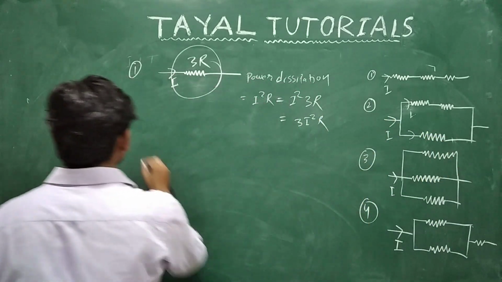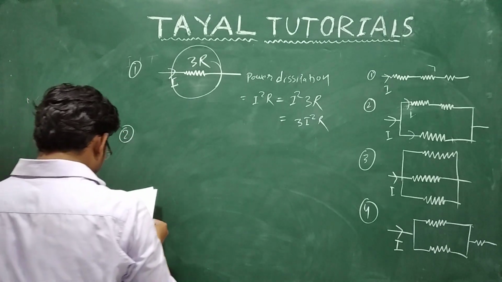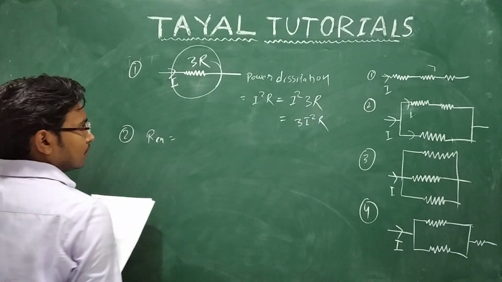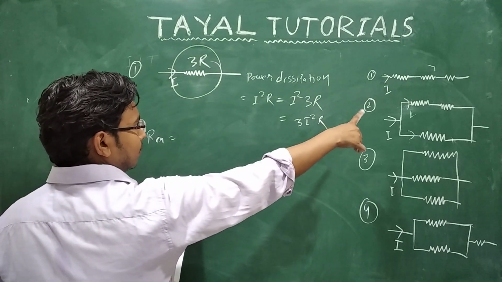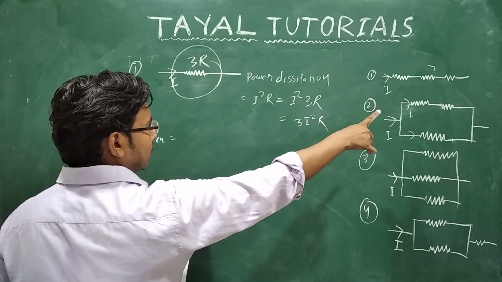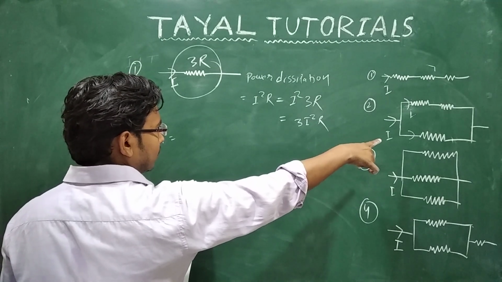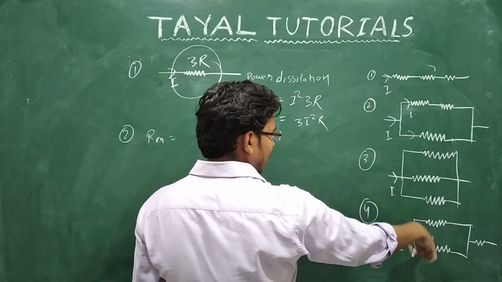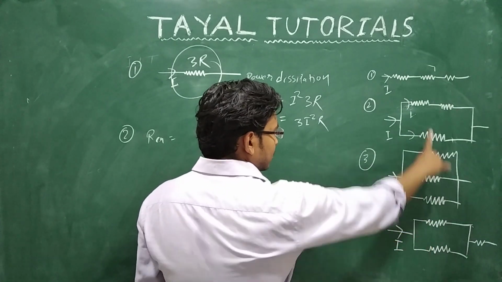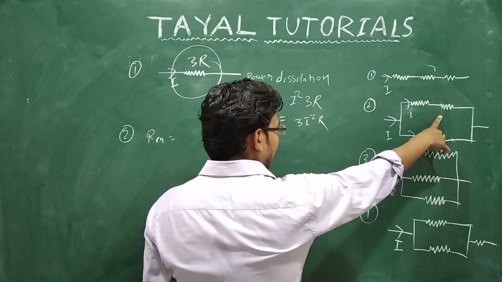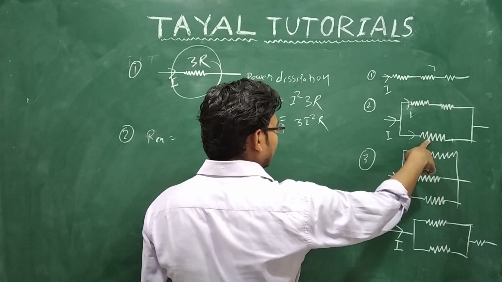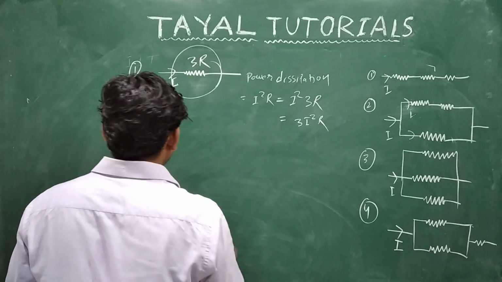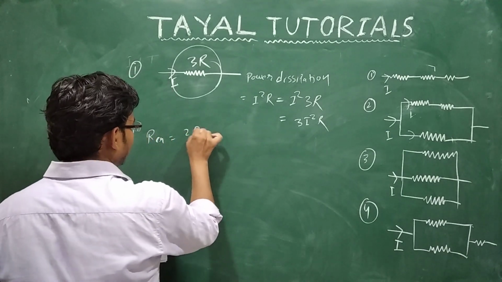In the second diagram, the R equivalent will be R plus R, which is 2R, in parallel with R. They have mentioned equal values of resistances, so all the values are R. So R plus R is 2R, in parallel with this R, so R equivalent will be 2R square by 3R.